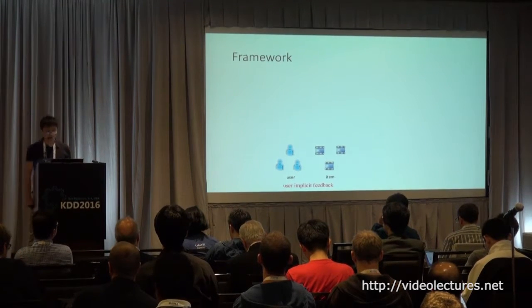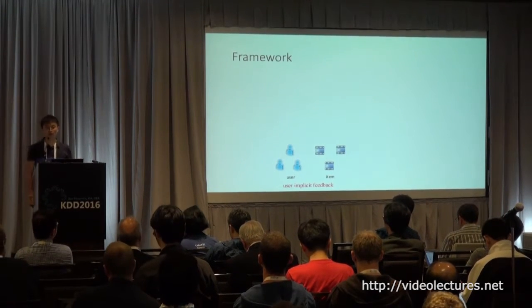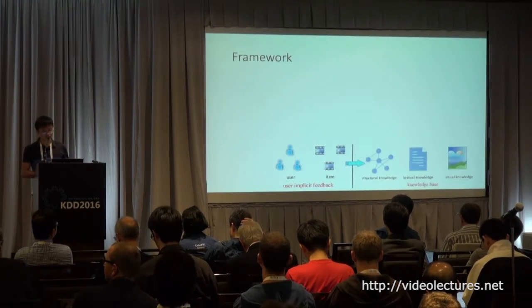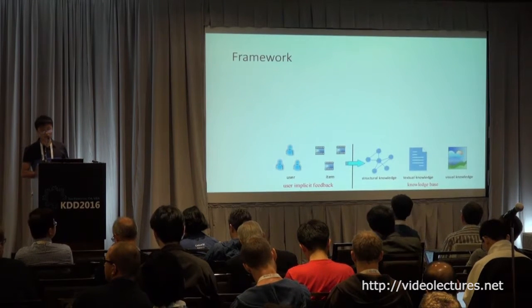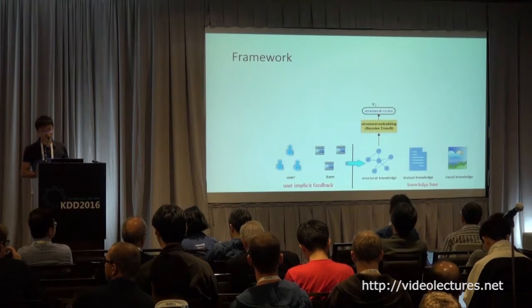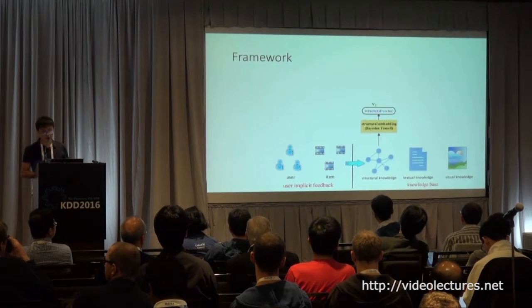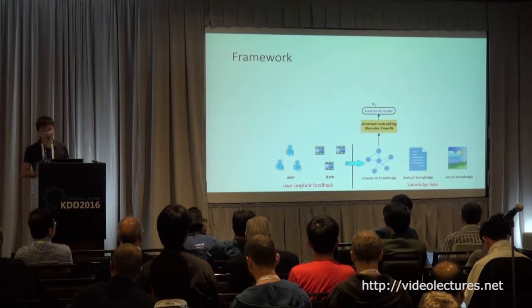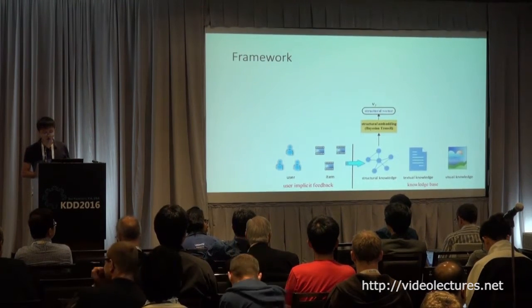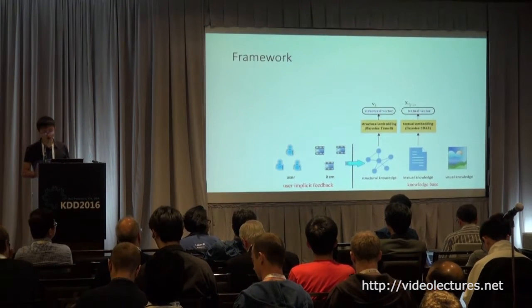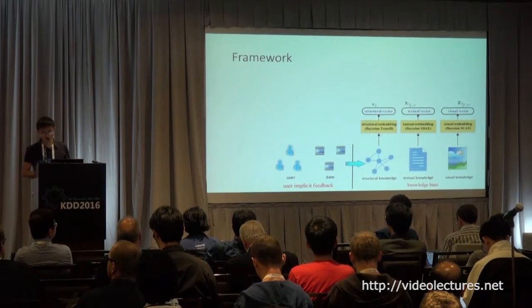This is our framework. First, given the user-item implicit feedback, we will map each item to the knowledge base. It will have 3 types of content knowledge. And then for each kind of knowledge, we will map it to a representation vector. For example, the structural knowledge will be embedded into a structural vector. For textual knowledge, the textual embedding component will map the textual knowledge to a textual vector, and similarly for the visual vector.